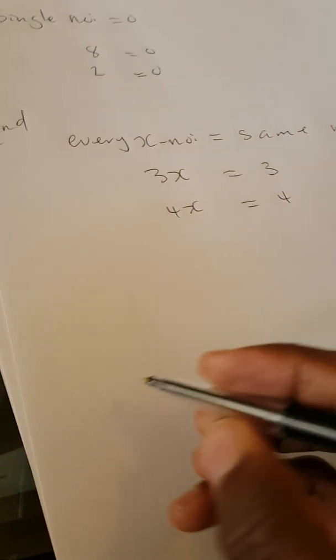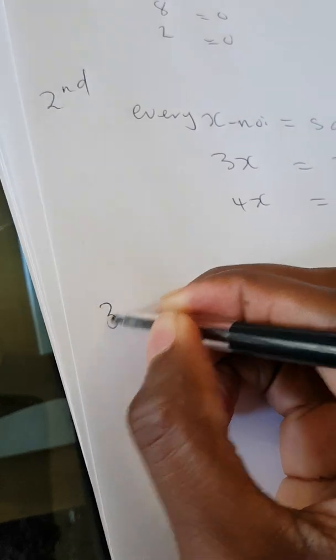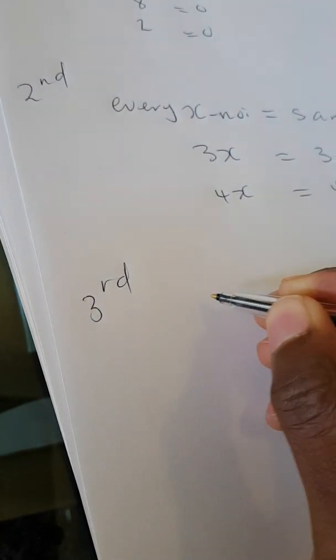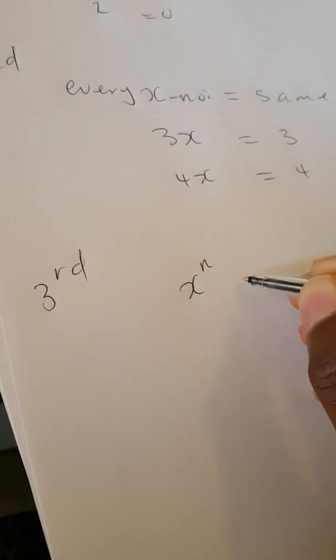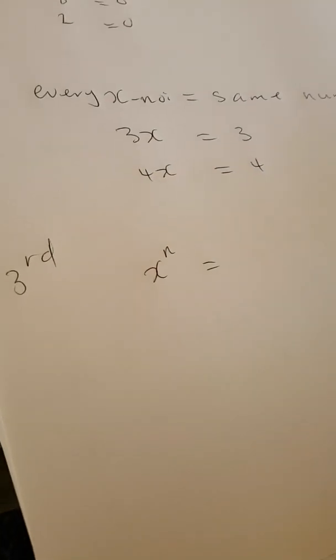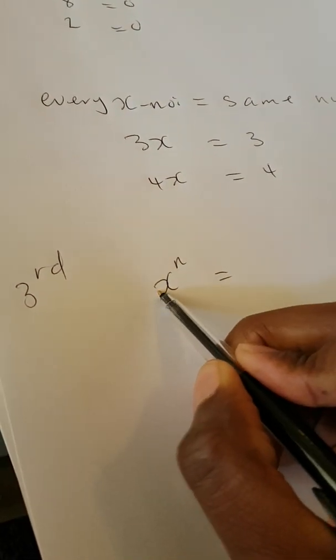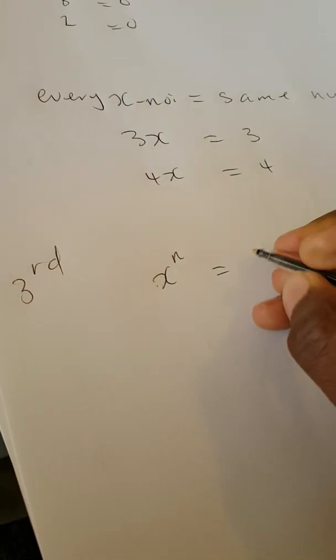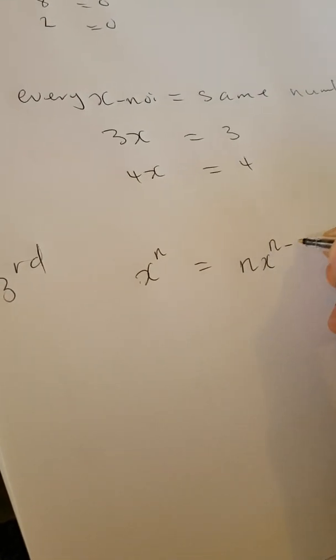So now, thirdly, we need to know this formula, x to the power of n. So how do we derive x to the power of n? This n must come and multiply x, and the same n must subtract 1. So it's gonna be nx to the power of n minus 1.